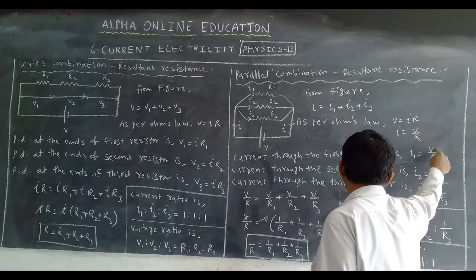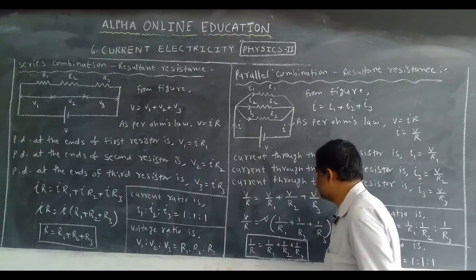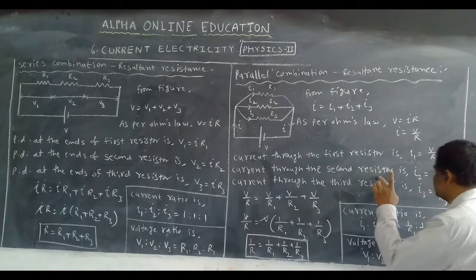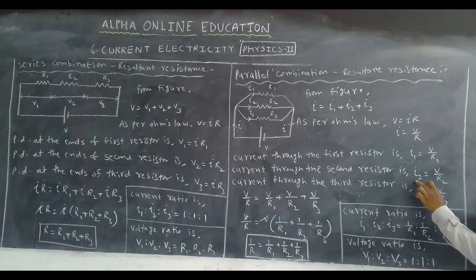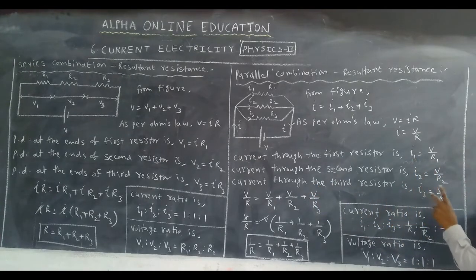Why? Again V is taken, the voltage is same. Next, current through the second resistor I2 is equal to V by R2. Here also voltage is the same, but current is different. And current through the third resistor I3 is equal to V by R3.